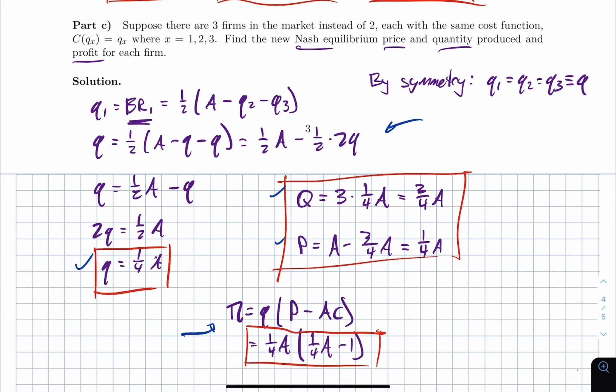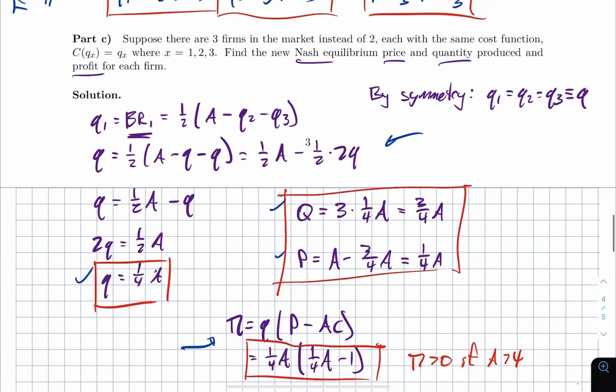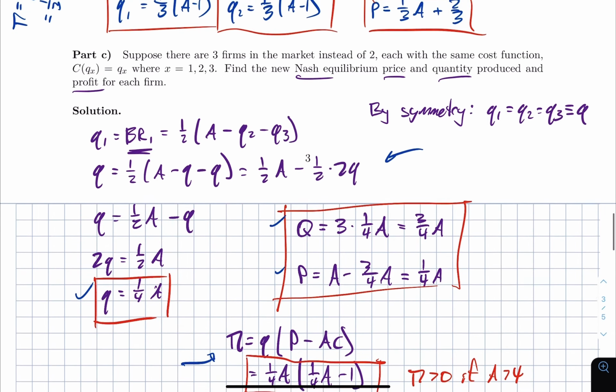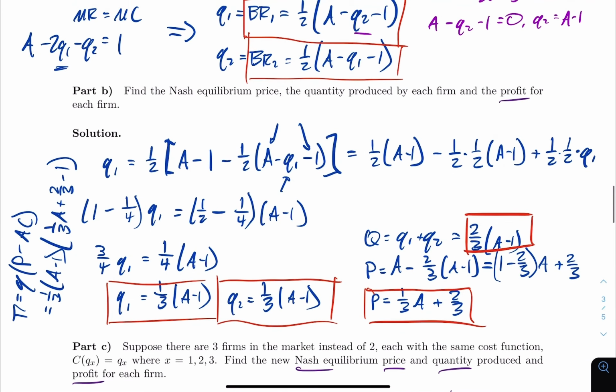And so here, as long as A is greater than 4, profit is greater than 0. Okay, so that's about it. All right, so I think we'll leave it here.